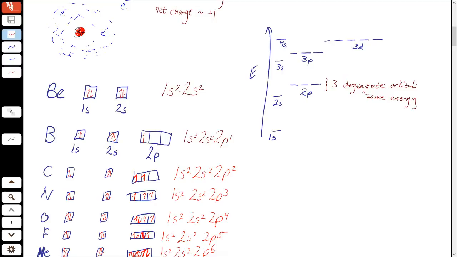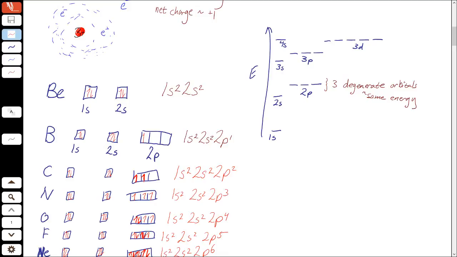So if you look at the periodic table, you see lithium and beryllium in this nice little block on the left. For that reason, the first 2 columns of the periodic table are often called the S block. Those are called the S block elements, because all of the elements in those first 2 columns have their outermost electrons in the S. Those are going to fill up the 2 spots in the S.